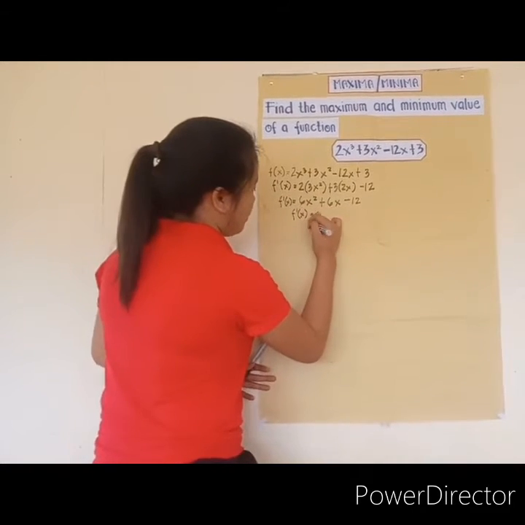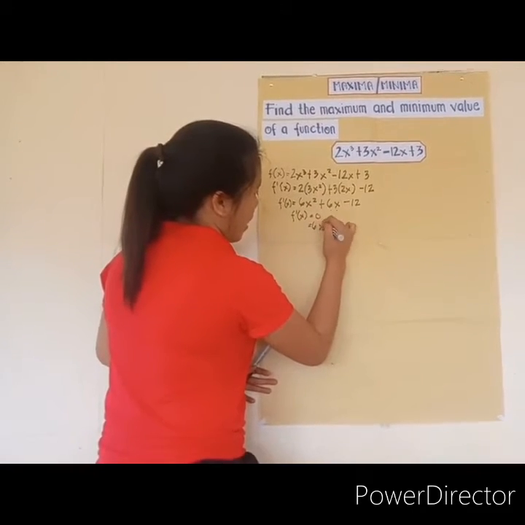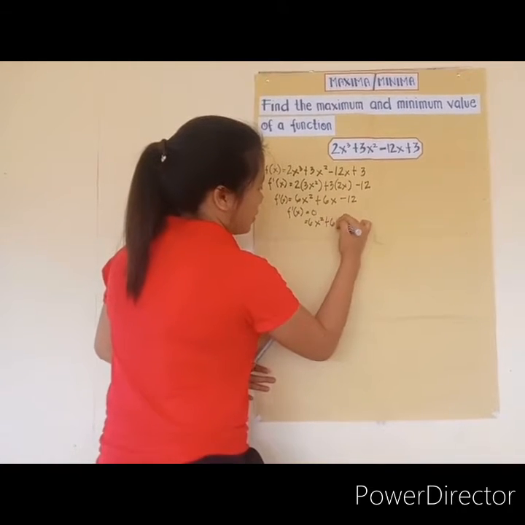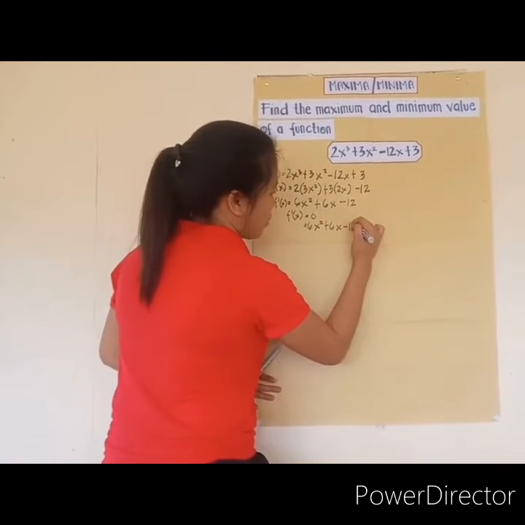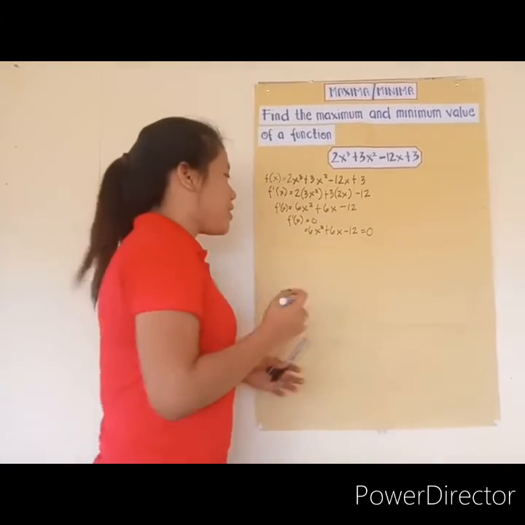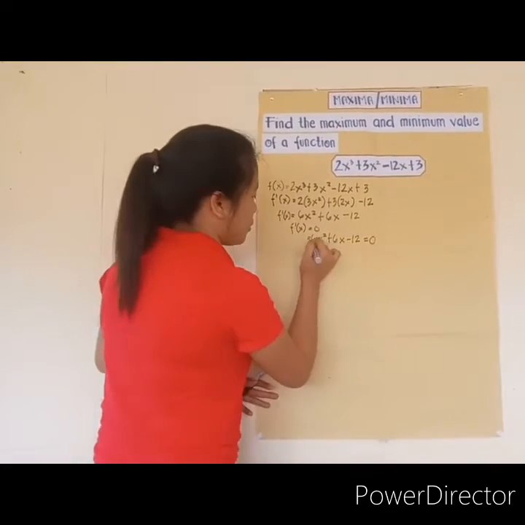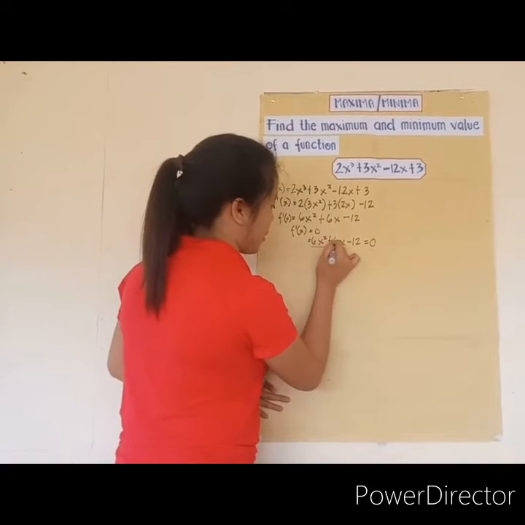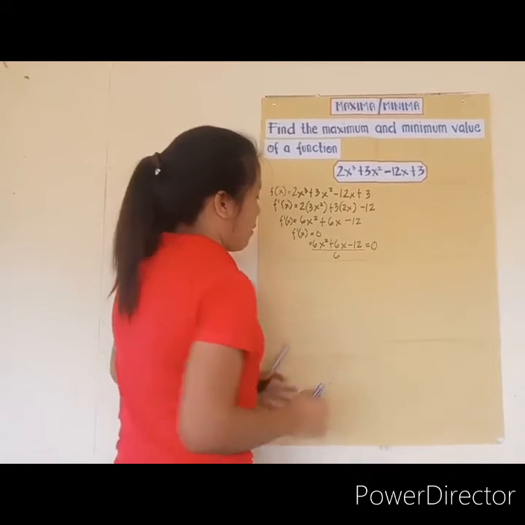So it will become 6x squared plus 6x minus 12 is equal to 0. And after that, let's see if there's a common factor. The common factor is 6, so divide by 6.